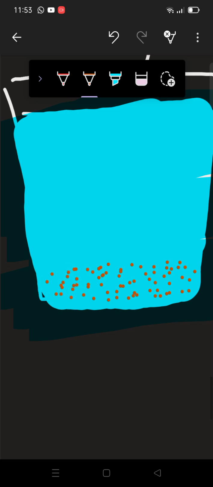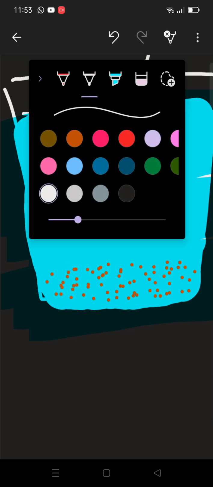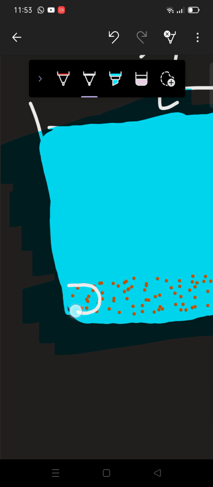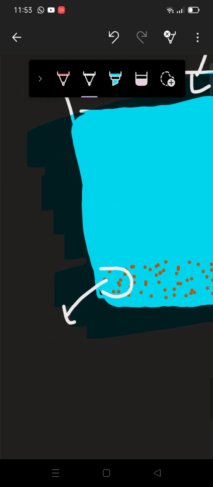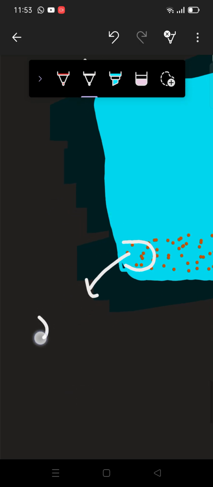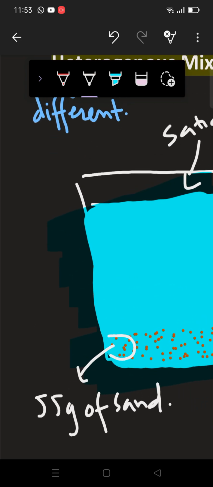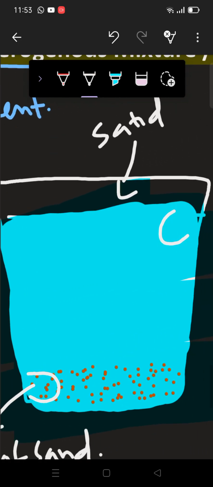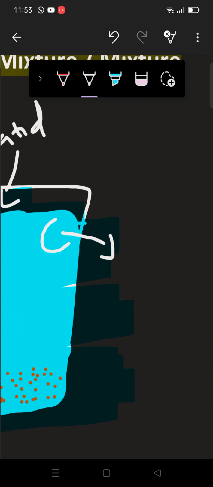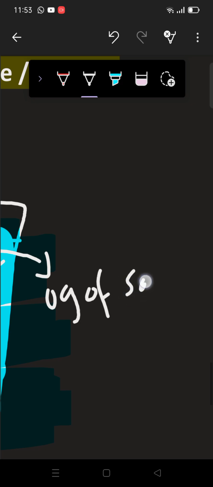So when now I do the experiment, if I am taking half portion from here, I have observed that the sand present is 55 gram. And if I am taking the same portion from the upside now, I have found 0 gram of sand.